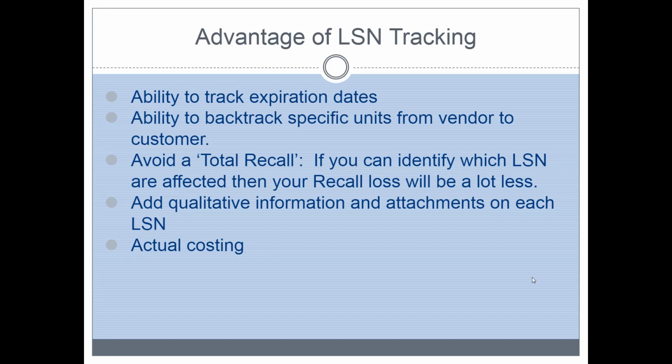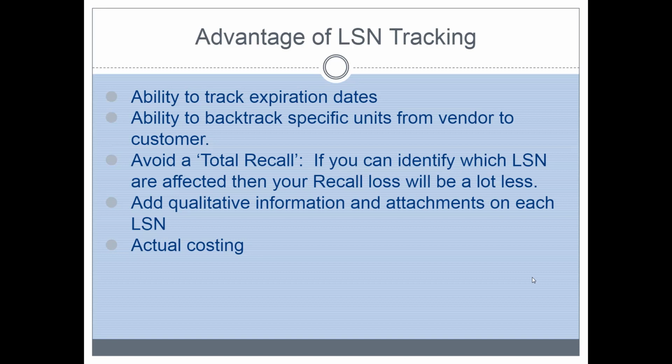Total recall is basically when something happens to one of your products, such as contamination, and you need to do a recall. If you know which lot numbers are affected, then you only need to do a partial recall and not a total recall. That can significantly reduce what we call the recall loss.